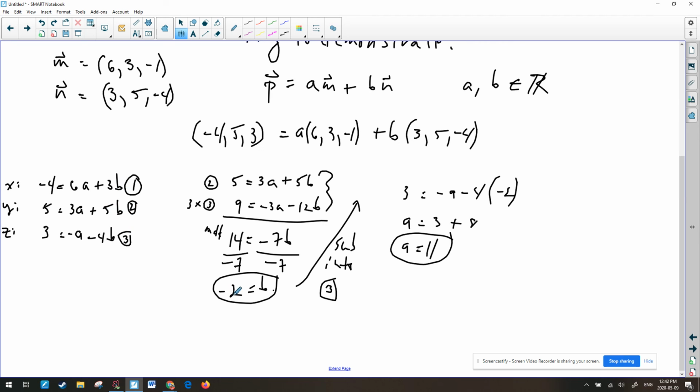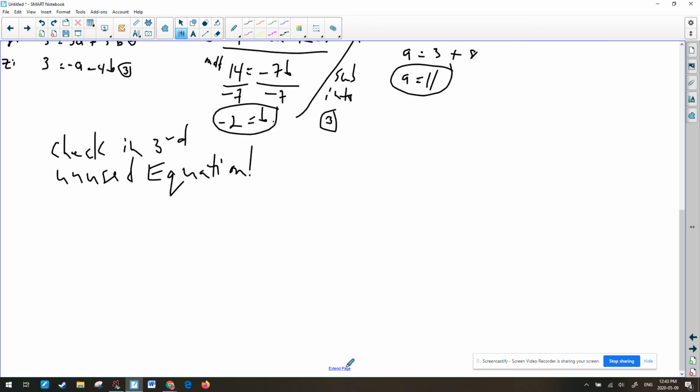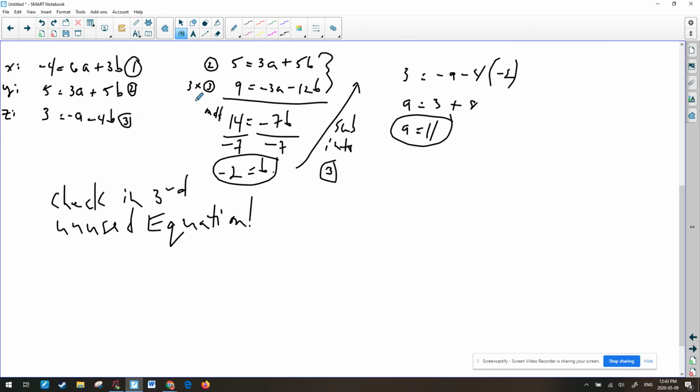I will check this afterwards, but what we're going to do is check in the third unused equation. So I used equation 2 and 3 to solve, so I'm going to check it in equation 1.